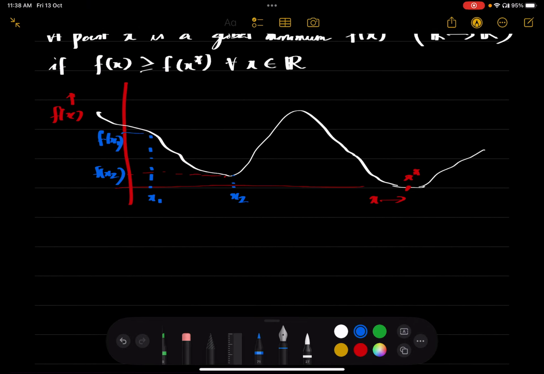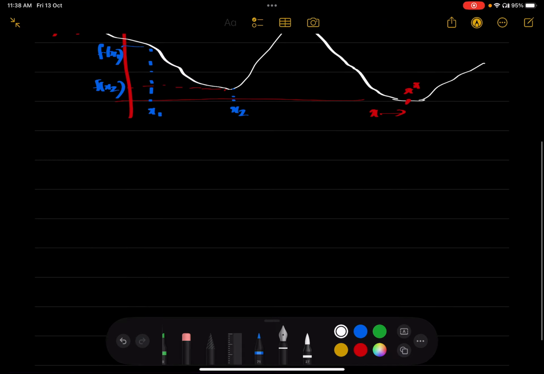Even though it's a global minimum, we are defining it with f of x greater than or equal to f of x star. Instead of this, if we take the condition where f of x is greater than f of x star, this is known as a strict minimum.